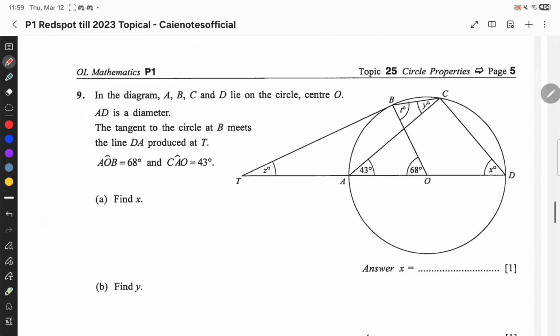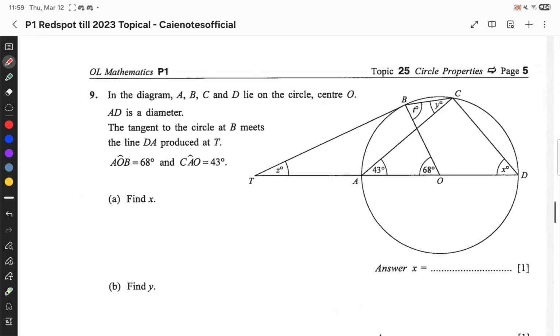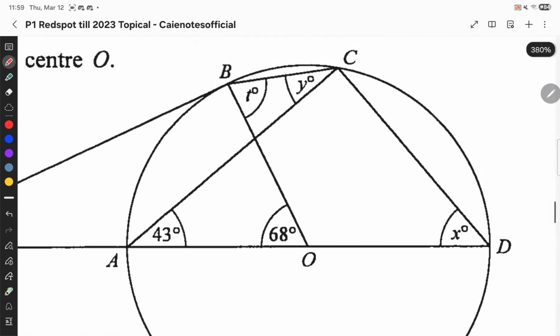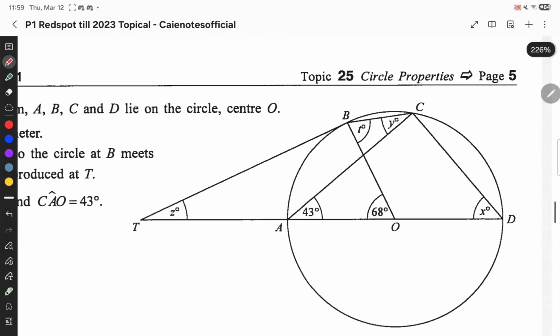Moving on, let's do this question. Find the value of x. Very easy. Oh my god. What is x made out of? X is made out of AC and the angle here. Okay, this is not that easy. No, this is easy. Why?